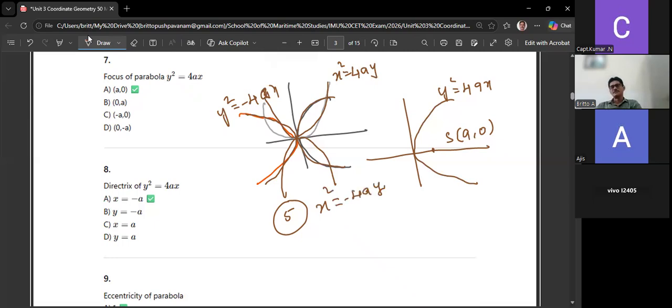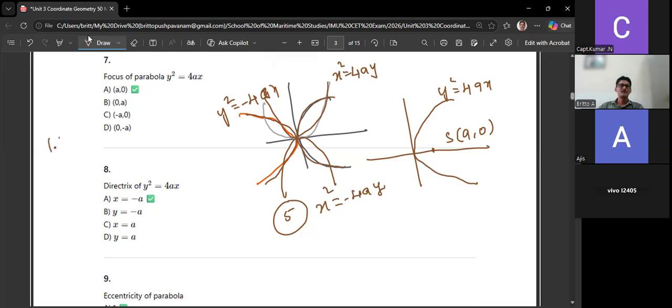Okay. So remember these four types of parabola. One is y squared equal to 4ax. Another is y squared equal to minus 4ax. Then x squared equal to 4ay. Next, x squared equal to minus 4ay. For each type of parabola, you get a different focus, different directrix, different vertex, axis, and latus rectum. So we have 5 properties, and you should remember them for these 4 types of parabola.